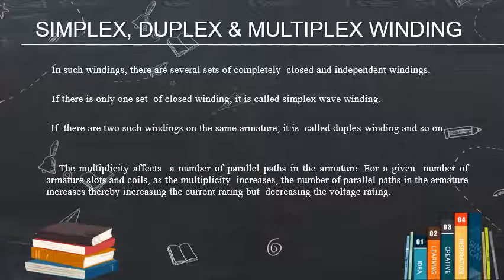The multiplicity affects the number of parallel paths in the armature. For a given number of armature slots and coils, as the multiplicity increases, the number of parallel paths in the armature increases, thereby increasing the current rating but decreasing the voltage rating.